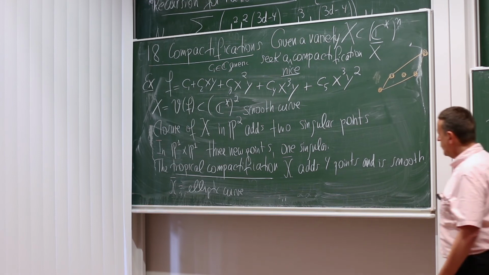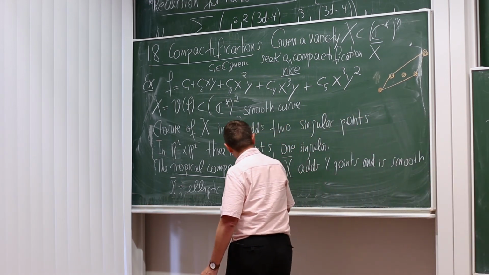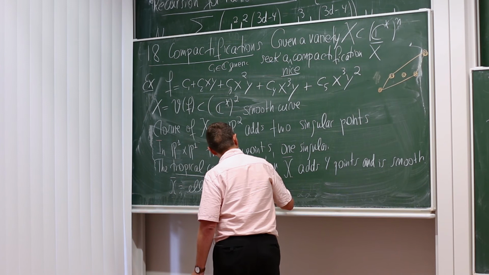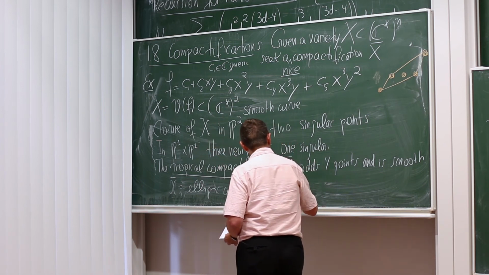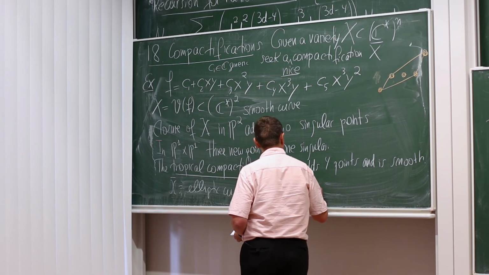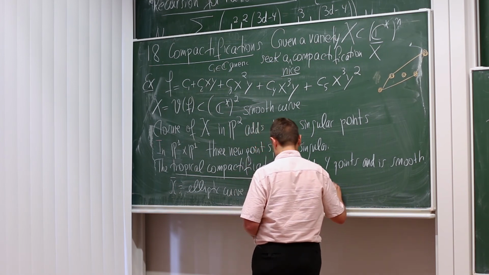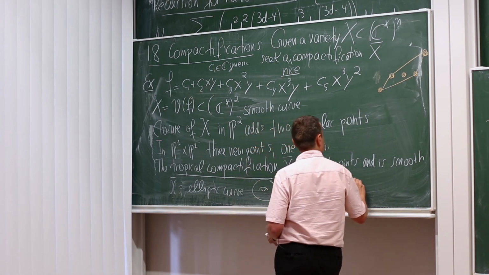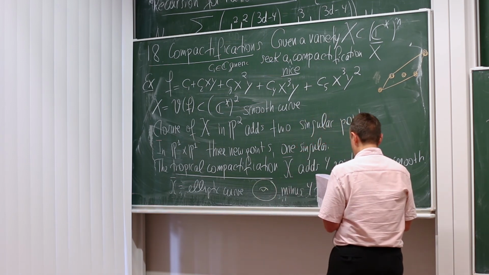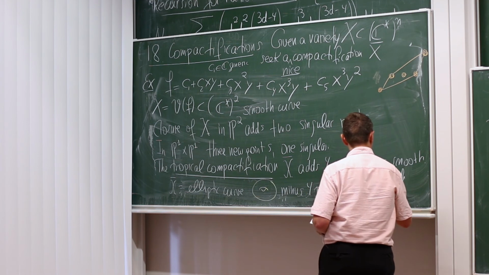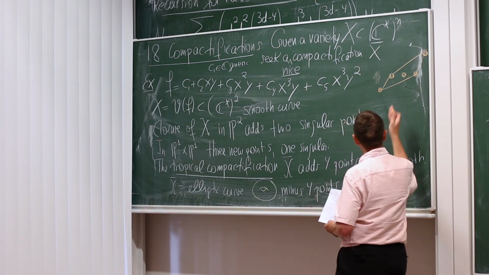So this elliptic curve over the complex numbers is genus 1, so it's a torus, but minus 4 points, 1 for each of the orange edges of the Newton polygon.